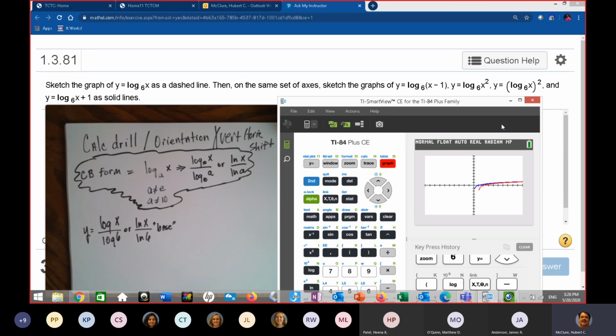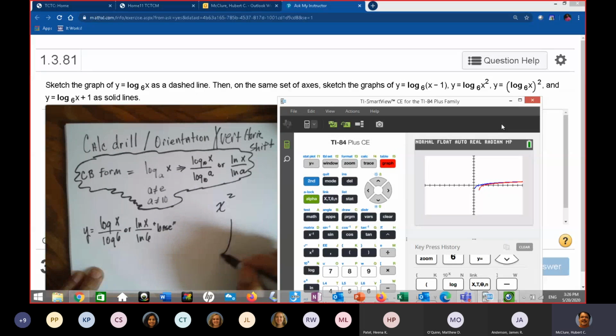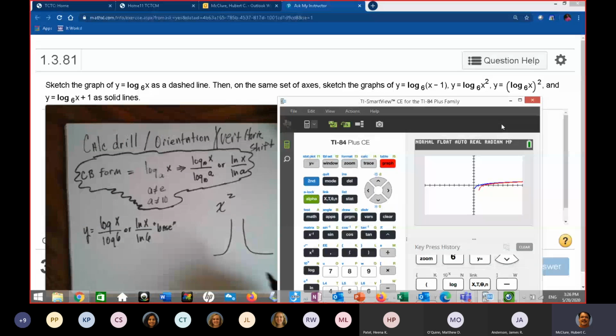It looks like this. Anything with x squared in it is going to look like a full volcano. Now with a logarithm, it's going to look something like that. So let's go ahead and graph it.